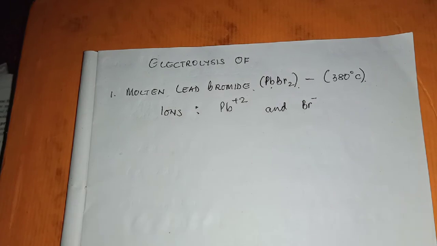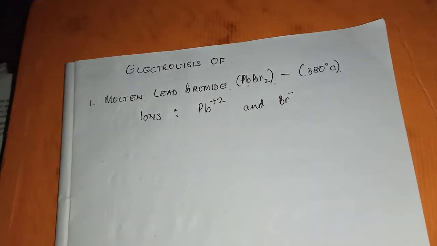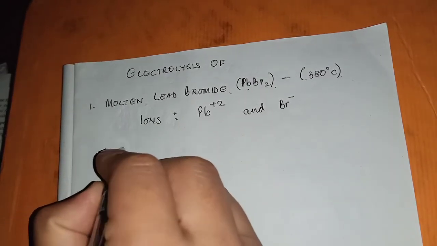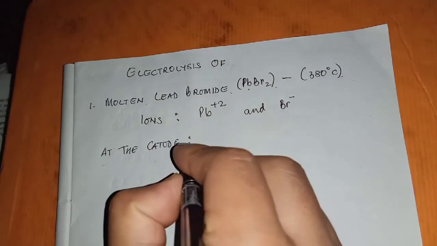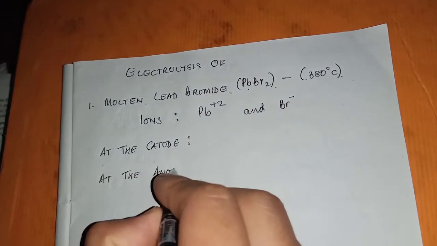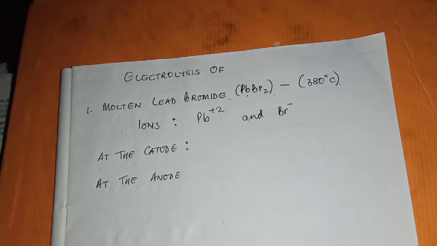Now these are the two ions, and we have only these two ions because there is no water. Now these two ions will take part in the electrolytic reactions. So we have to write the reaction at the cathode as well as the reaction at the anode. Reaction at the cathode, which ion will move toward the cathode?